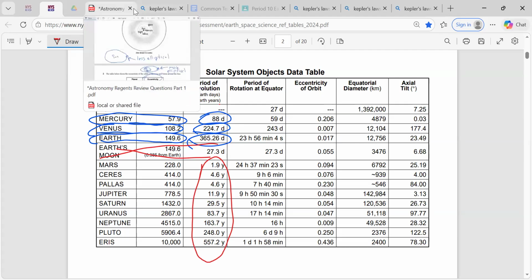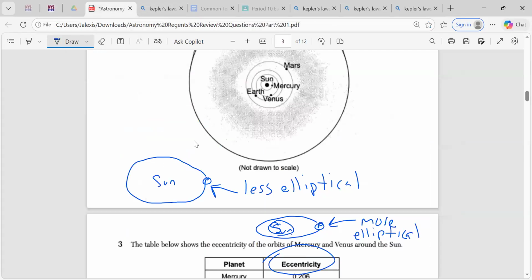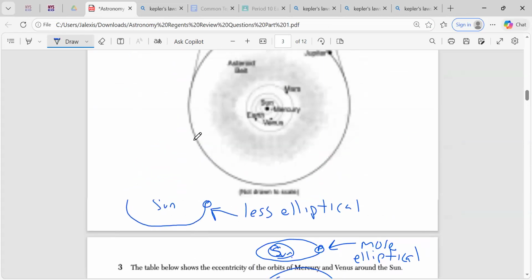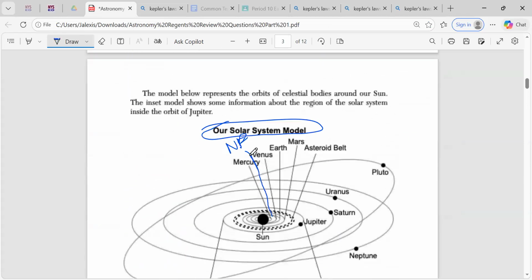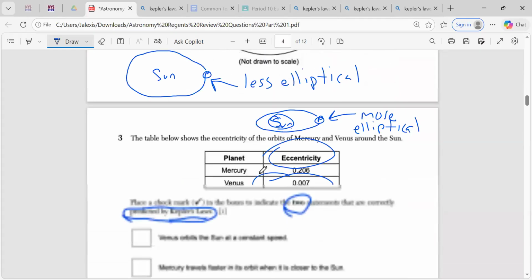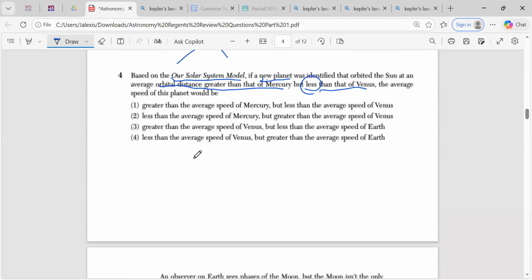So when I take all that into consideration for this problem, this new planet that I put right here is going to travel slower than Mercury, because Mercury's closest to the sun, but faster than Venus. Which option tells me this?